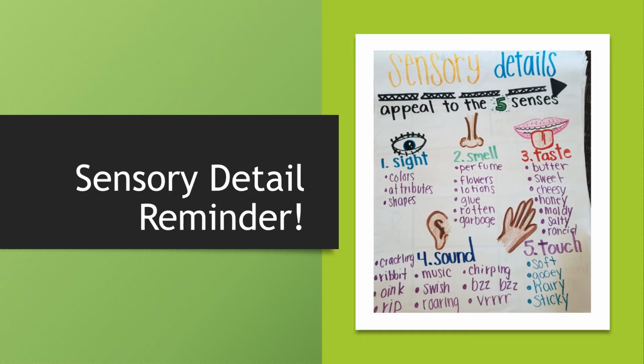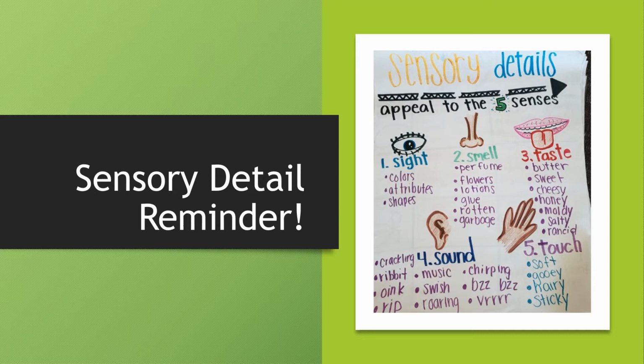And then we have taste. The taste might be buttery, it might be sweet, it might be cheesy, honey, moldy, salty, or rancid. So these are all words that can describe how something tastes when you eat it. We also have sound. We have cracking, ribbit, oink, rip, music, swish, roaring, chirping, bzz, or vrr.